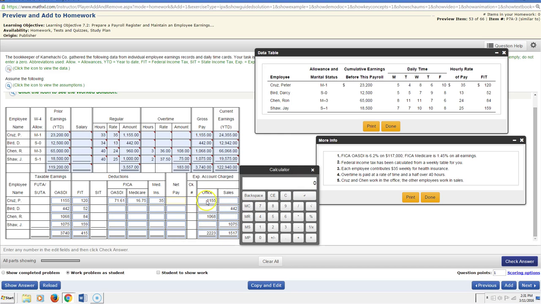But you start with 1155, and you subtract each deduction. So you got federal income tax. So you're going to hit the minus, the federal income tax, okay, and then hit minus again for the OASDI, 71.61, and then minus the $35.